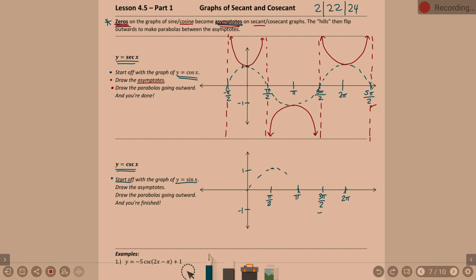Now, this is not my actual graph. Do not make this a solid line. Do not get in the habit of making that a solid line. It is only there to position my parabolas, and my parabolas are the final graph. That's the only reason you're seeing this. Okay, so there's sine, yes?